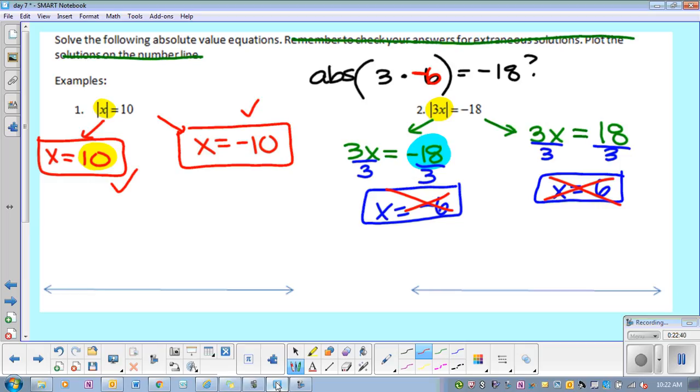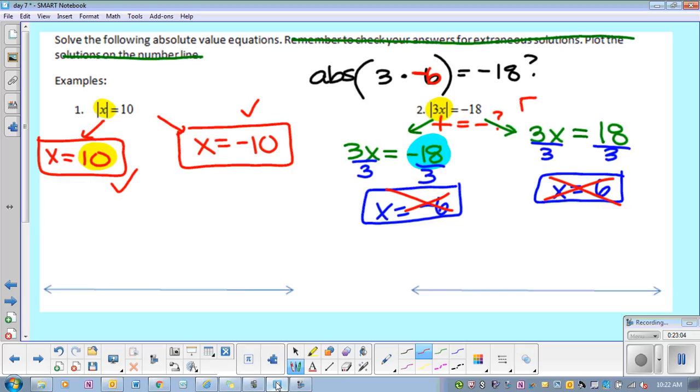Let's think about this. Look at your original problem. Absolute value always gives you what type of number? Positive. So think about what this means. This means a positive number. Does it ever equal a negative number? No. So this is saying positive equals negative?